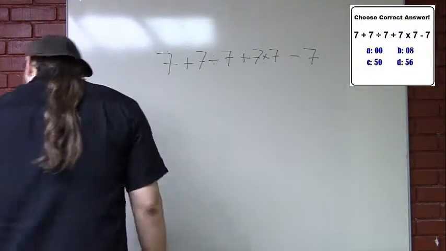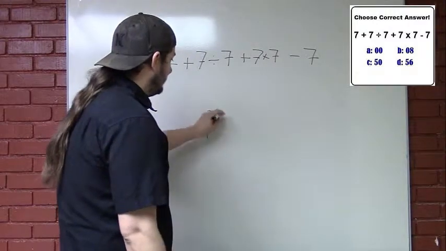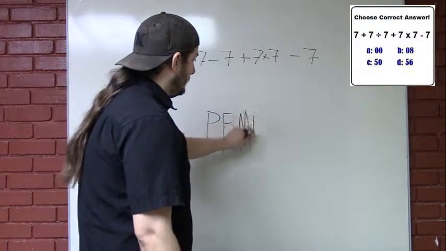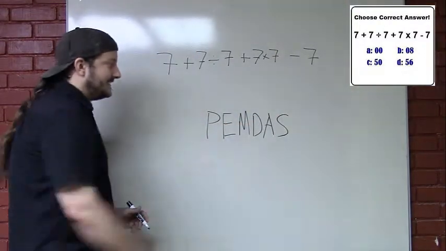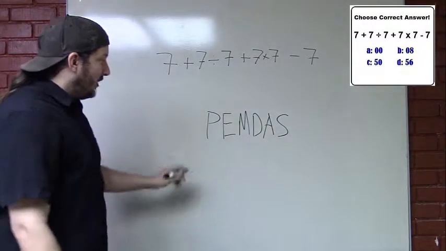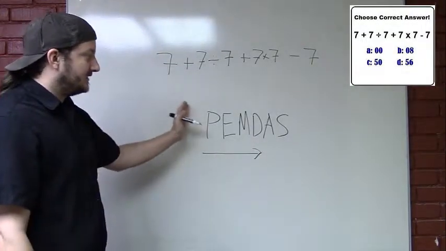So I'm going to begin with something called PEMDAS. Okay, and this is what's called the order of operations, and it always goes left to right, meaning it starts on this side and goes over.